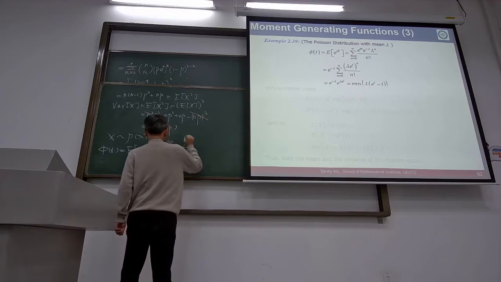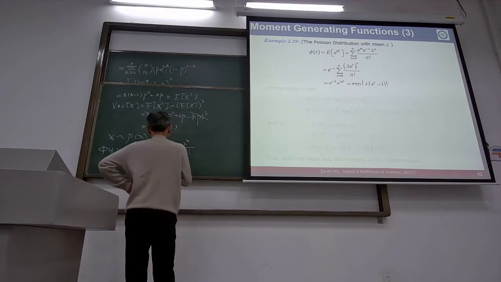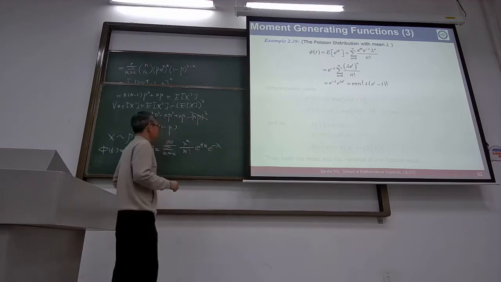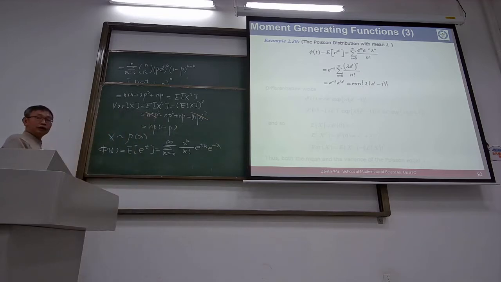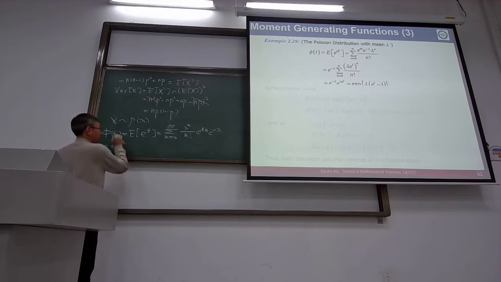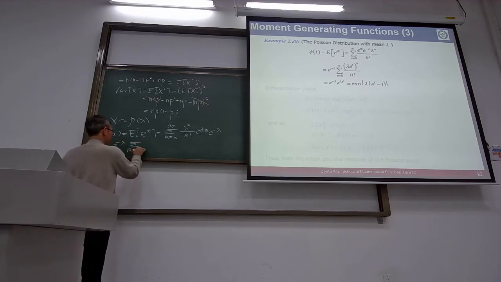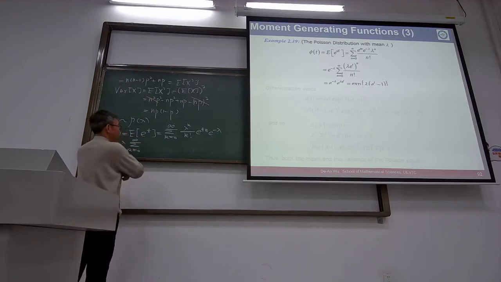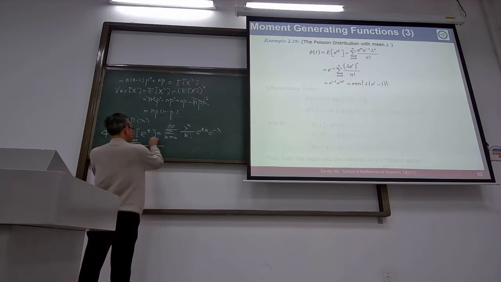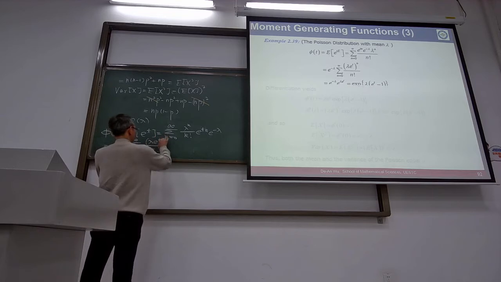This just equals e to the minus lambda times the sum over k from 0 to infinity of lambda e to the t to the power k over k factorial.